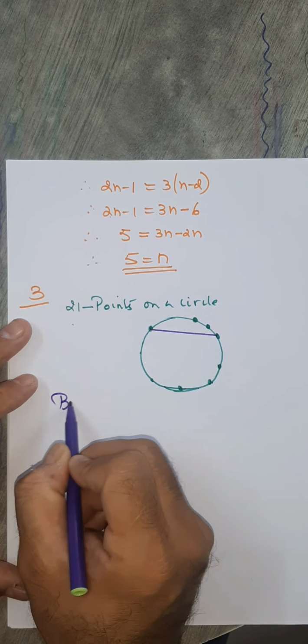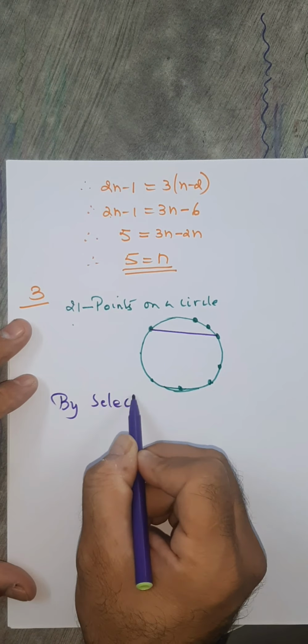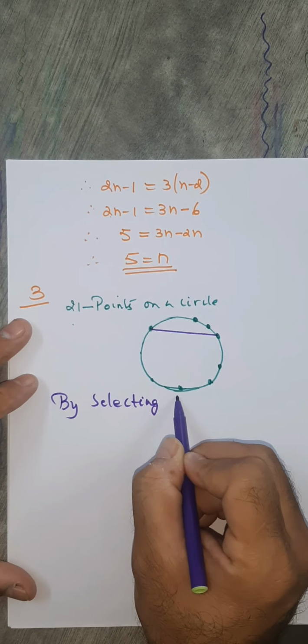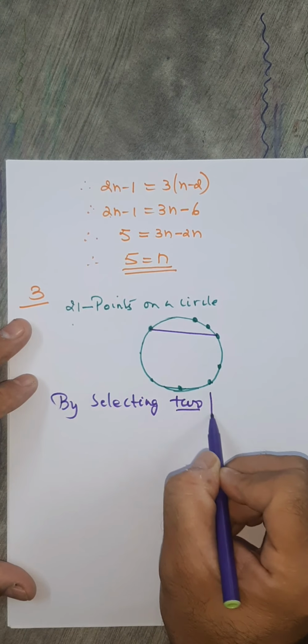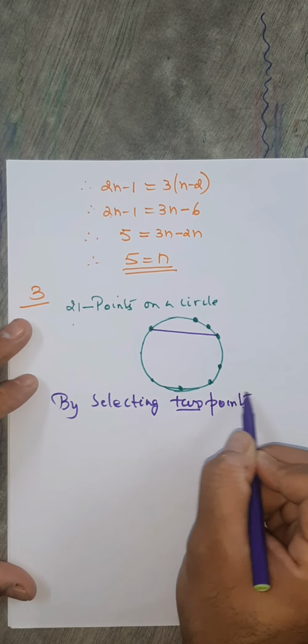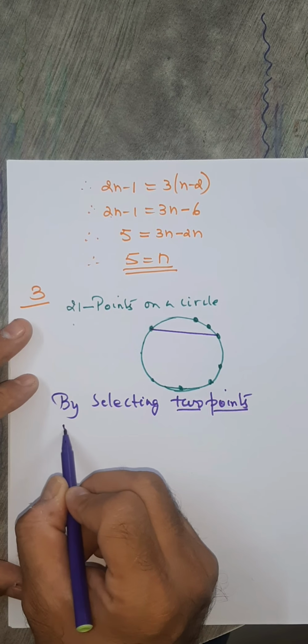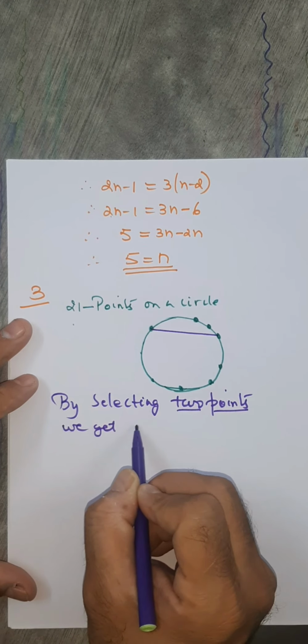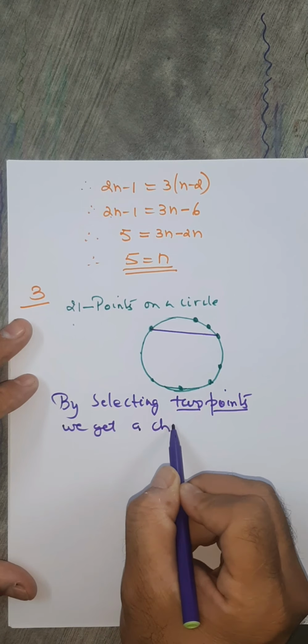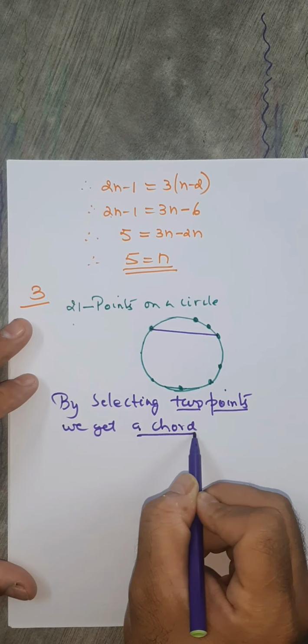So by selecting 2 points, we get a chord, remember, right?